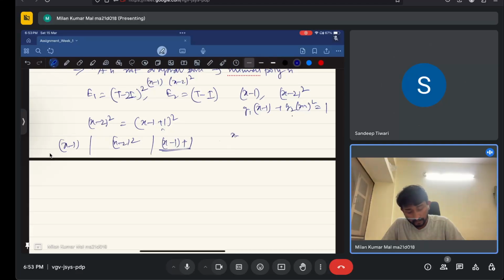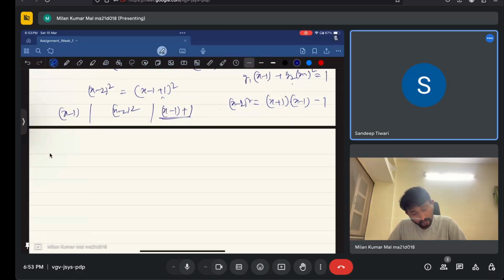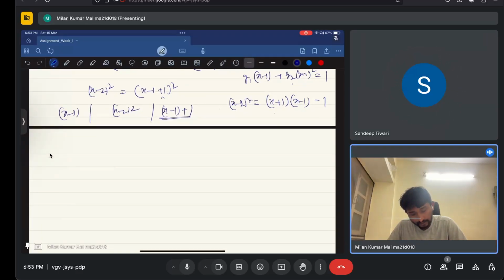I mean x minus 2 whole square is equal to x plus 1 into x minus 1 plus 1, minus 3x. This is the dividend, this is the quotient, and this is the remainder.